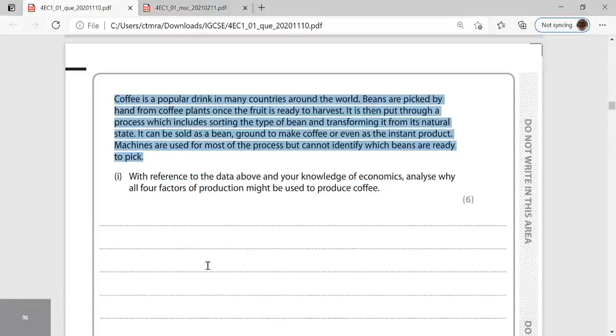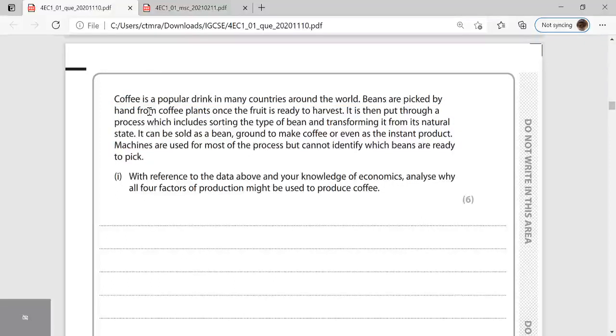So be careful, you must relate to the case. Basically, you have to identify all the factors of production from this case: land, labor, capital, enterprise. So let's go through the case.